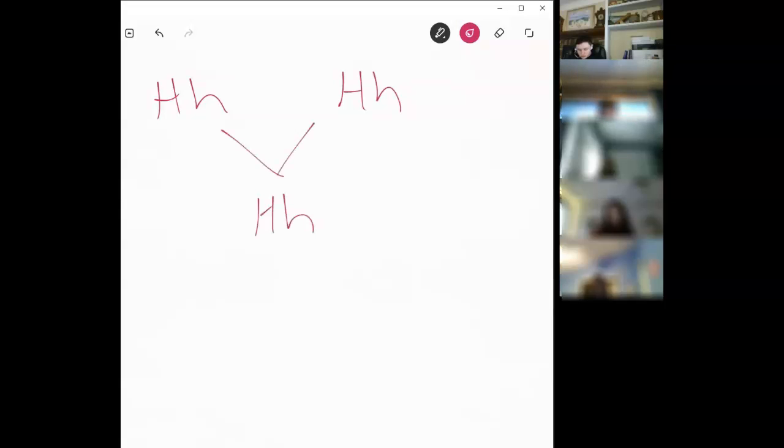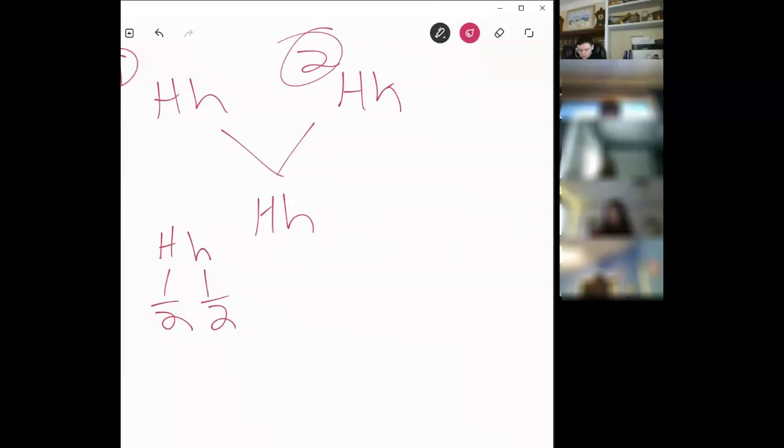So the sum is when you can say or. So here I have 2 parents and I want to get this from my offspring, right? What is the chance I'm going to get a big H from parent 1? I have a 1 in 2 chance. So if I'm getting a big H from parent 1, I have to get a little h from parent 2. What's the chance of that? It's a 1 in 2 chance.